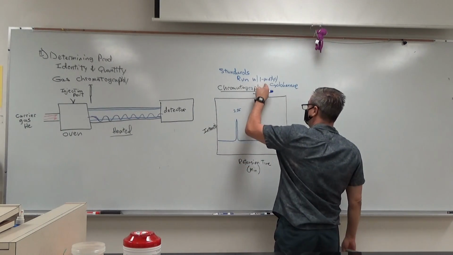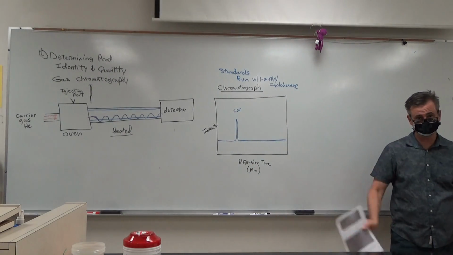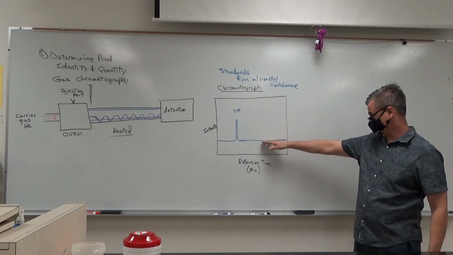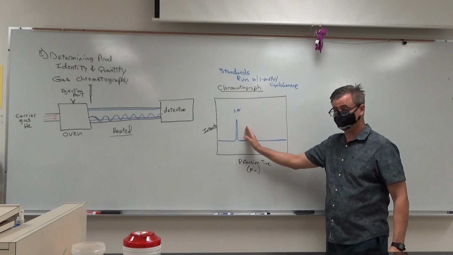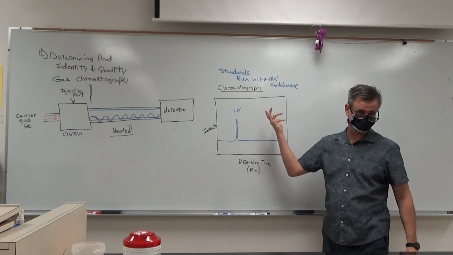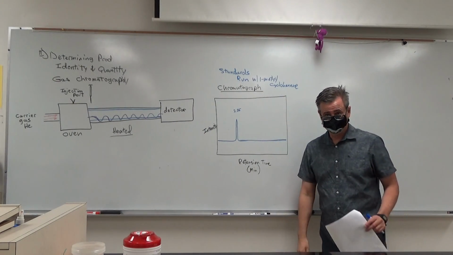Aha! So 1-methylcyclohexene comes at 2.56. Then you do it for 3-methylcyclohexene. Okay? And that might have a slightly different retention time. Okay? And you guys will get a document that has all those. Here's the retention times for the different types of components.